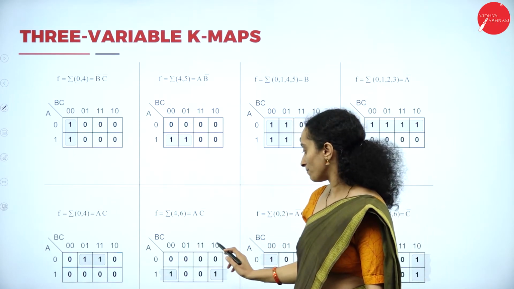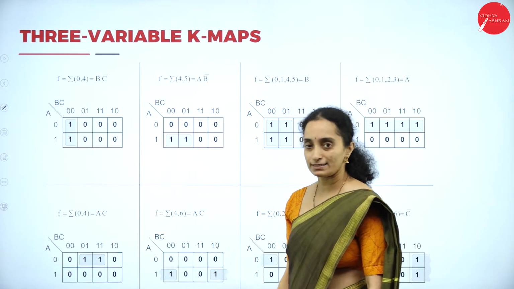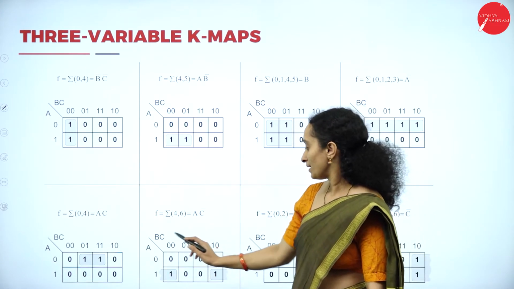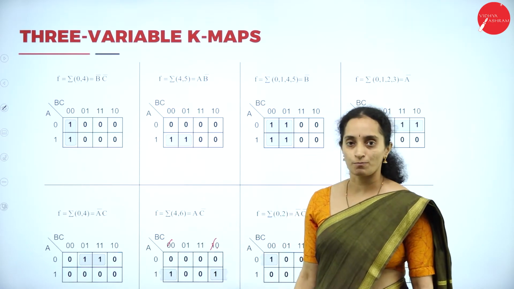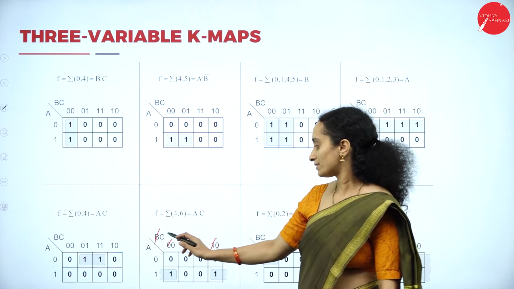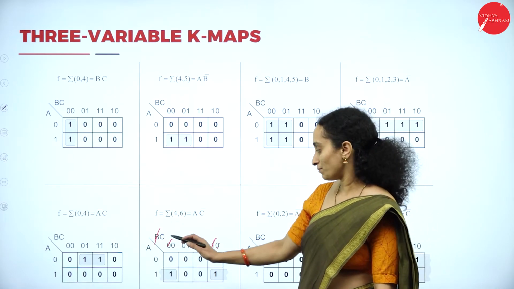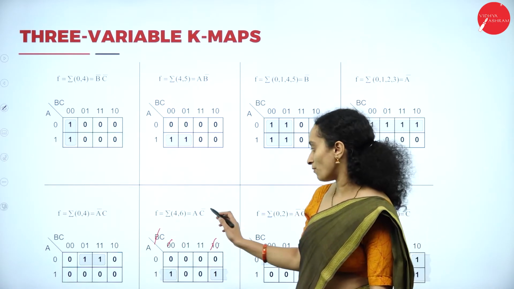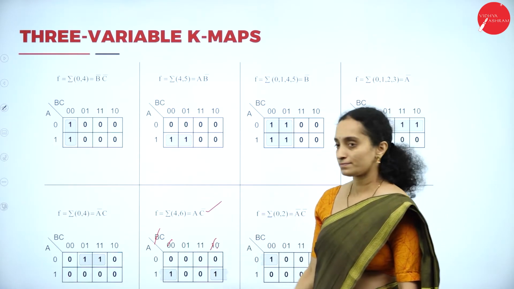Now, you have to compare these 2. Okay, it will be kept as it is, A. Here, B has complement and non-complement form. B will be cancelled. Now, C is there in the complement form. In both the ones, it is complement form. It will be A into C dash.